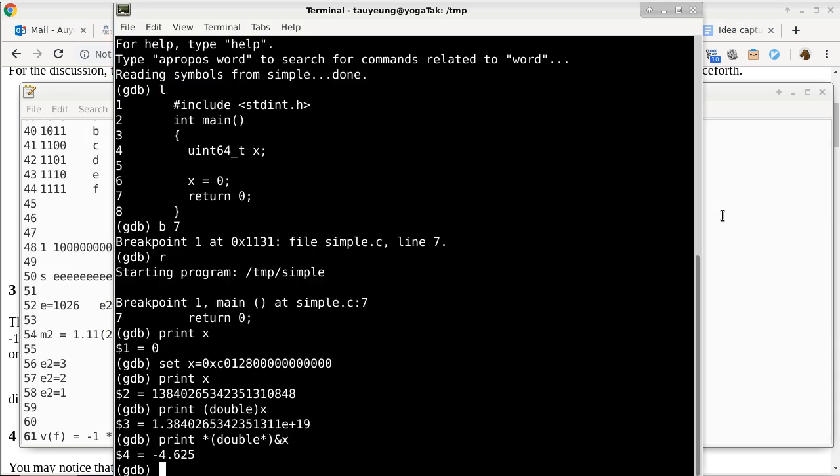Okay, so we go here. This time we say set var. I'm doing exactly the same thing, except this time I'm changing this location as if it is to represent negative 14 as a double. So the right-hand side of the assignment operation is negative 14, but I make sure it is not the unsigned integer 14, it is the double representation of 14.